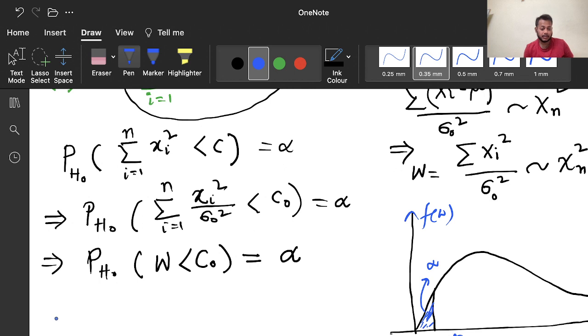So this C0 is chi square n, 1 minus alpha.